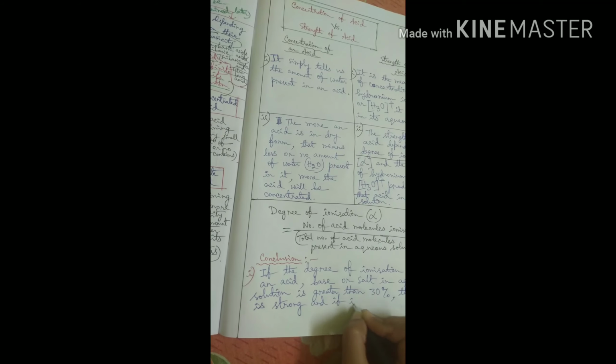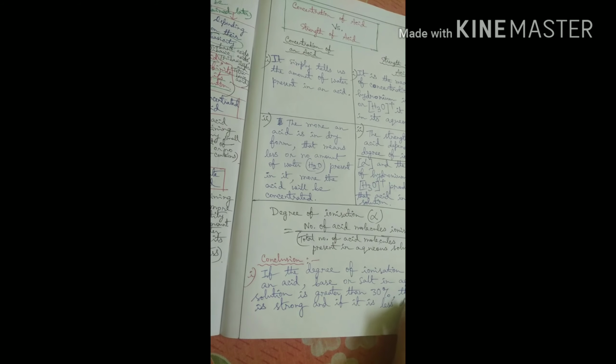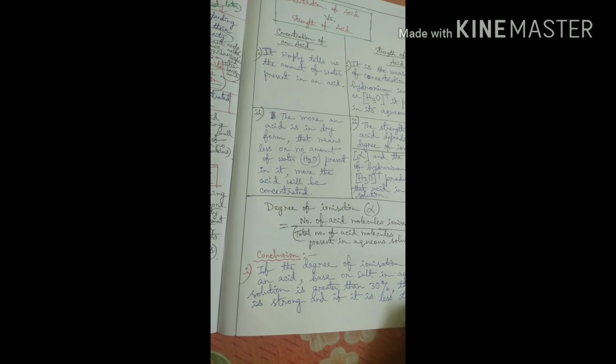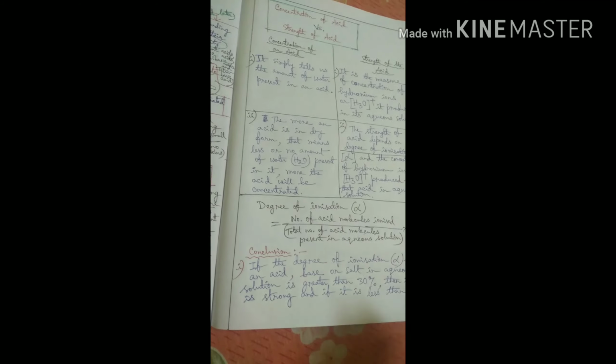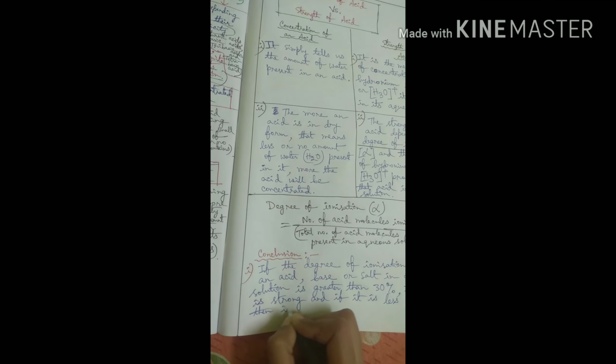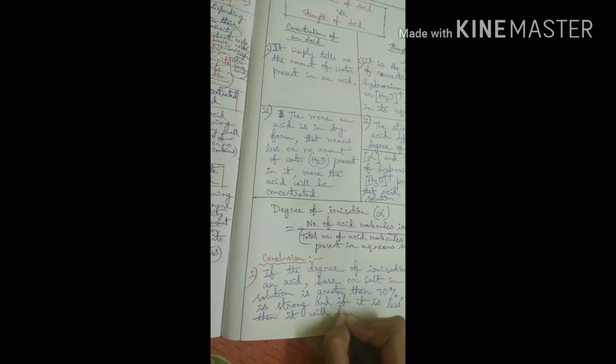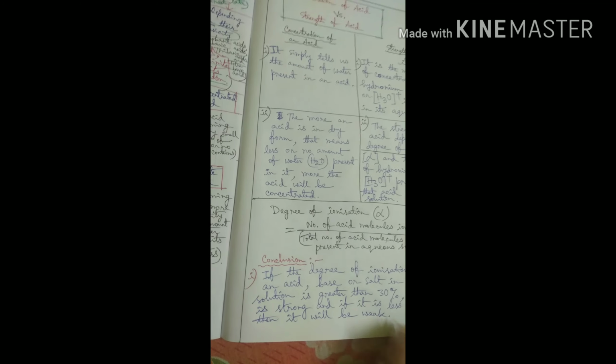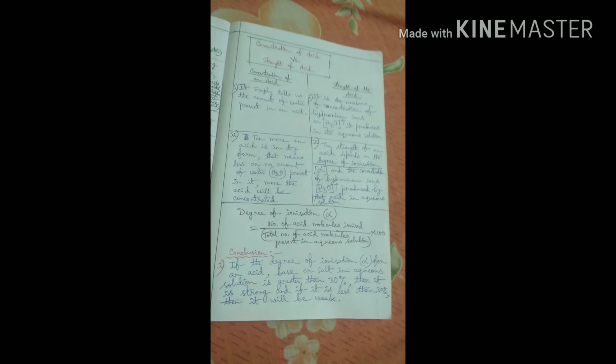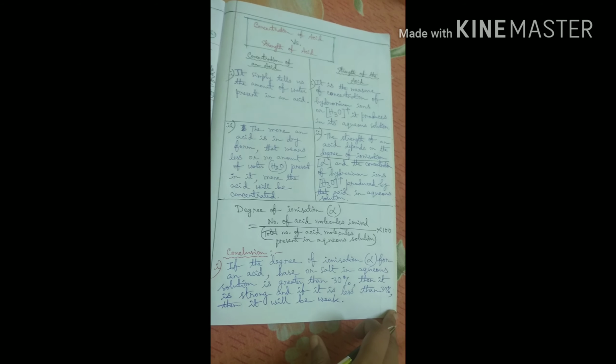And if it is less than 30%, then it will be weak. Take a screenshot, or better, write down the whole thing with me as your class notes. Okay, fine.